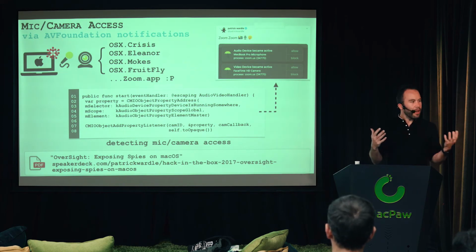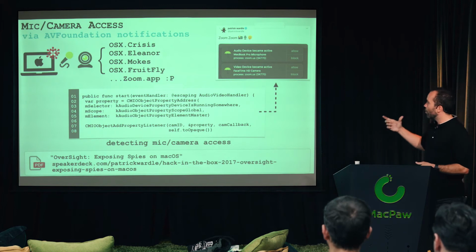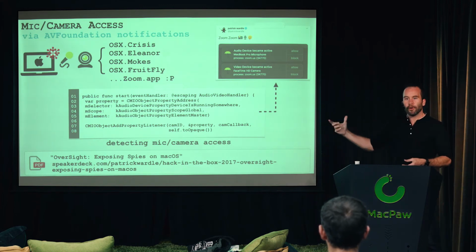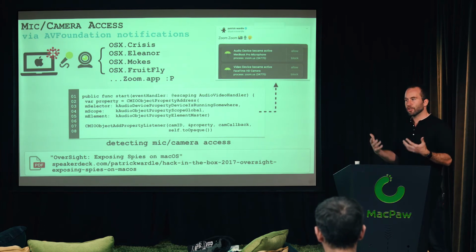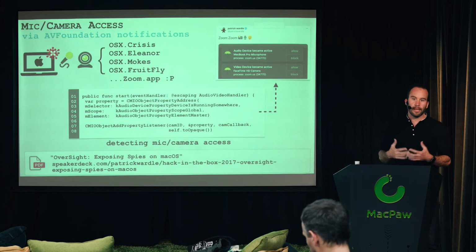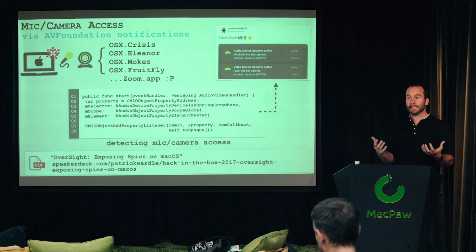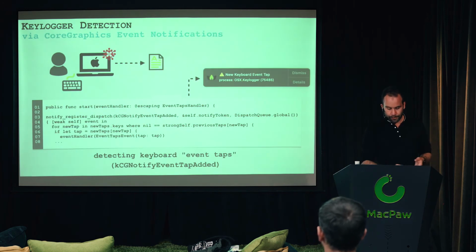That's not something that should ever happen. So what we can do is register a callback with the operating system, and macOS will actually tell you every time the mic and the webcam is turned on. From that, we can detect anytime an application or a piece of malware is accessing the mic and the webcam, and then determine if that's malicious.